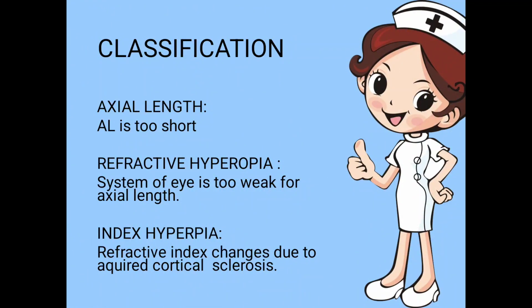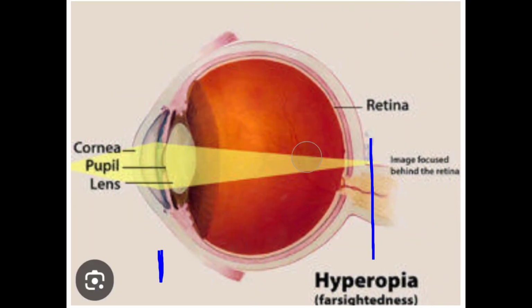If the person is more hyperopic, for example, the patient has a +11 power, the axial length becomes too small. This is axial hyperopia, a refractive hyperopia, where the system is too weak for the axial length. Let's see an example.